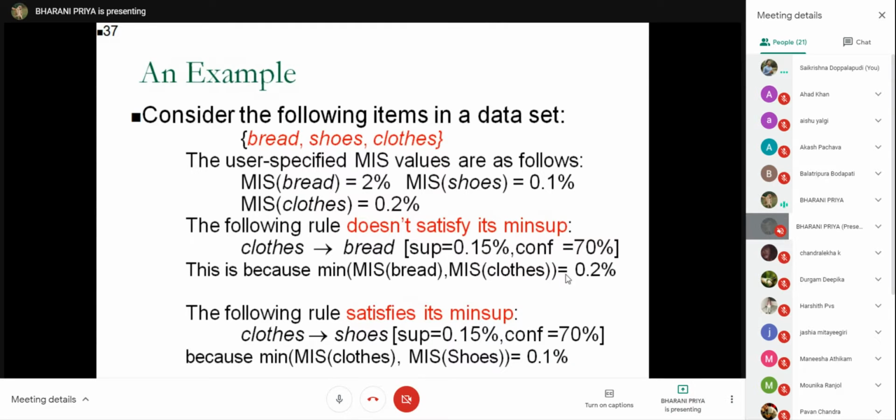Here you can specify the minimum for each item, such as 5% or 0.5%, because for each item you are specifying. In the previous case, for all the item sets, the frequent item sets, you are taking a minimum of 30%. But here you are considering individual items, so 30% is not required. Less than 10% is enough when you are considering single items.